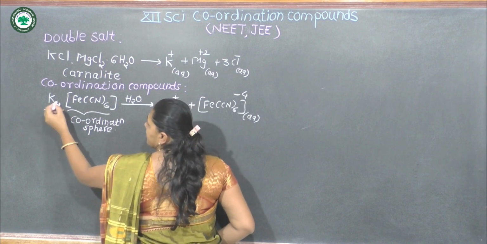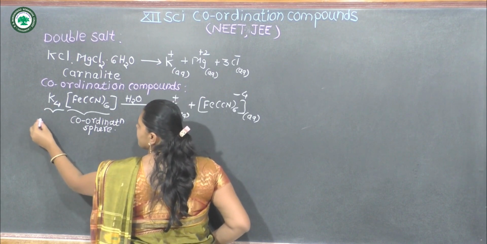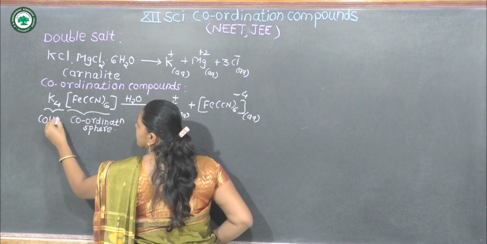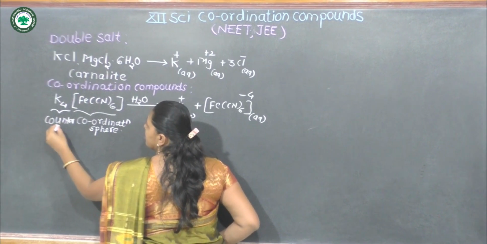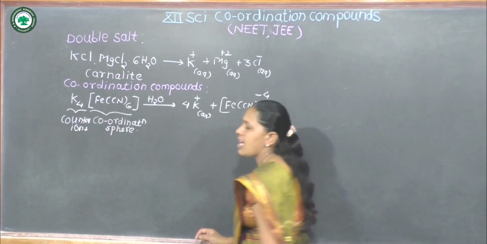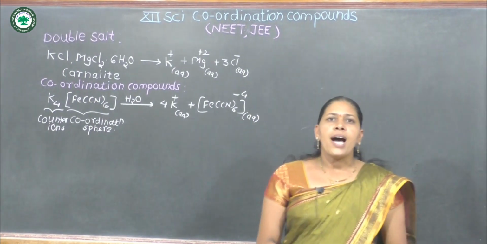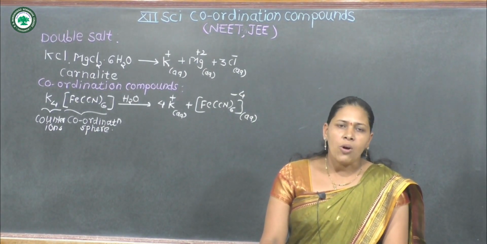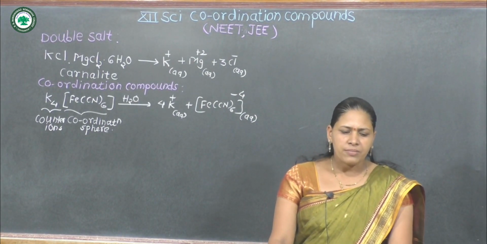And these 4 K+ ions are called counter ions. This is part of every coordination compound.